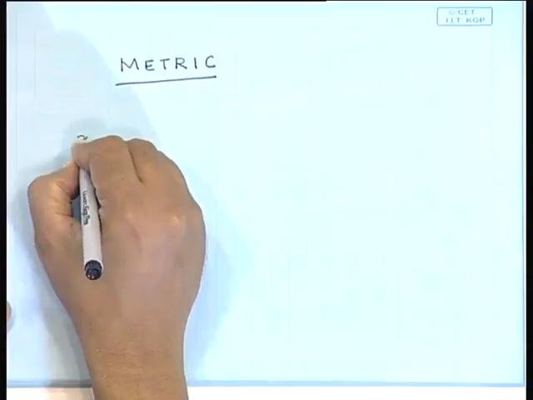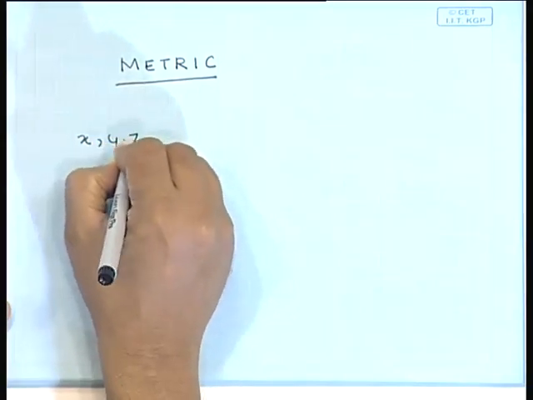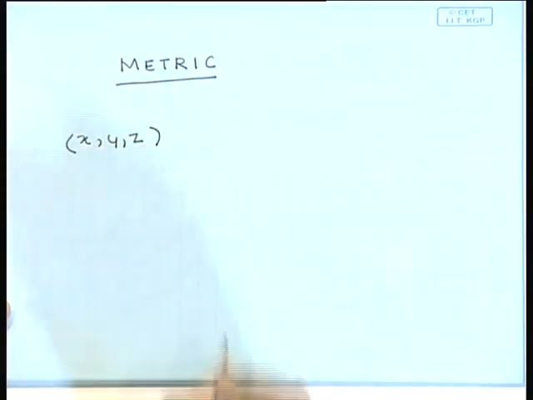So let us consider the usual three-dimensional space. In this space, we have 2 points. One point is the point x, y, z, which has coordinates x, y, z.